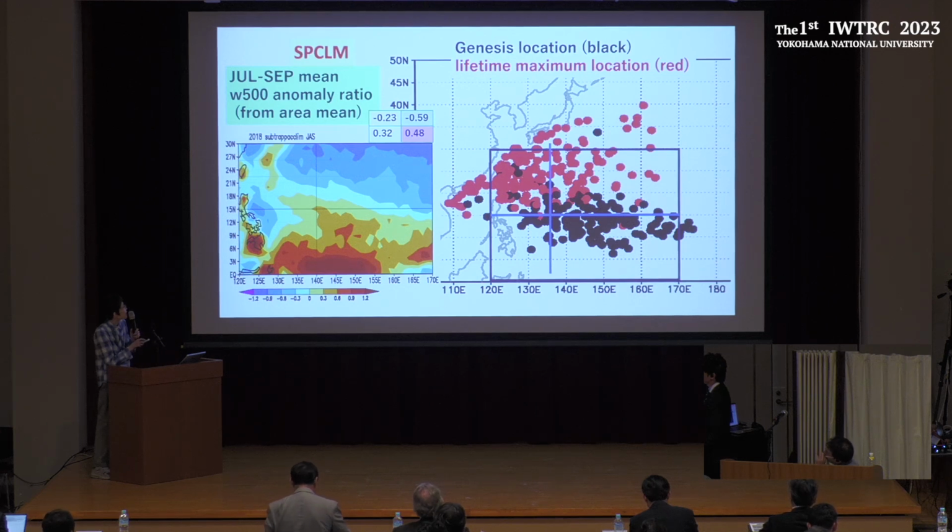In this case, the difference among the vertical motion which the tropical cyclones may experience is much greater than the control one.